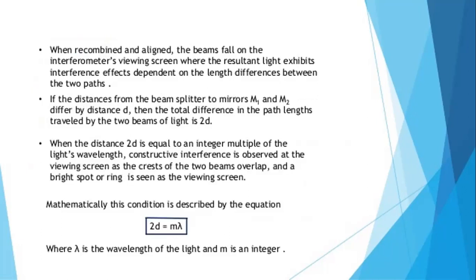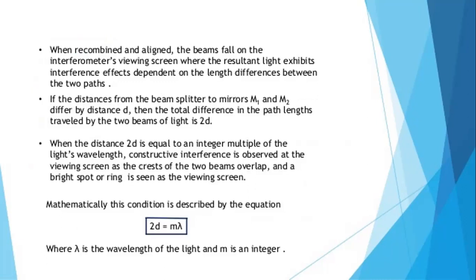When these beams are recombined and aligned, they fall on the interferometer's viewing screen, where the resultant light exhibits the interference effect depending on the length difference between the two paths.